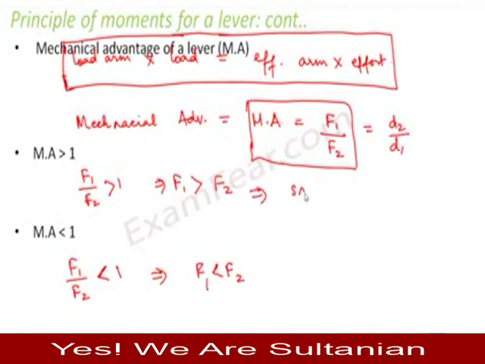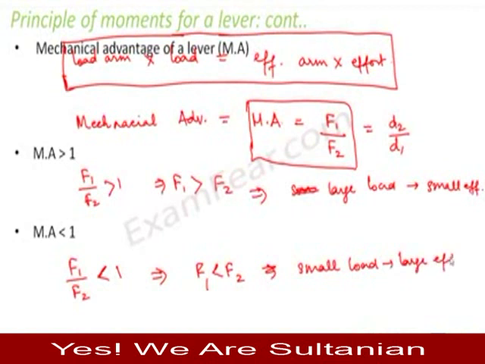So here it implies that a large load will give rise to a small effort. And here it implies that a small load will give rise to a large effort.